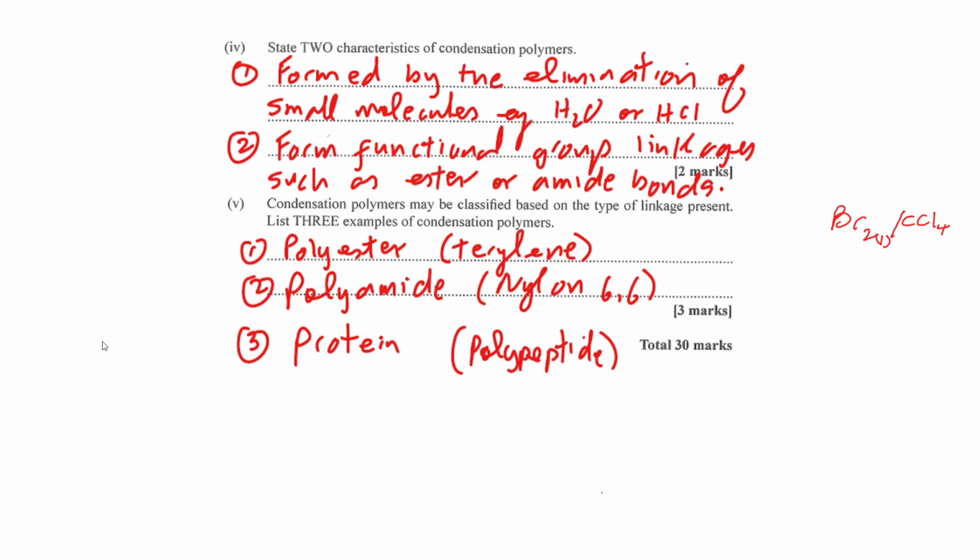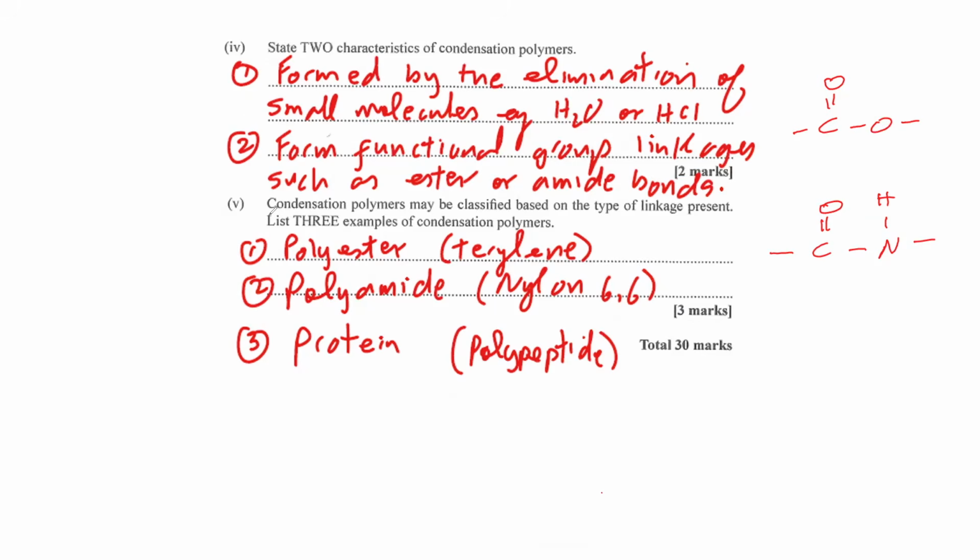So your ester bond would be your C double bond O in between carbon groups. And your amide bond would be C double bond O connected to an NH bond. And this would be your amide link.